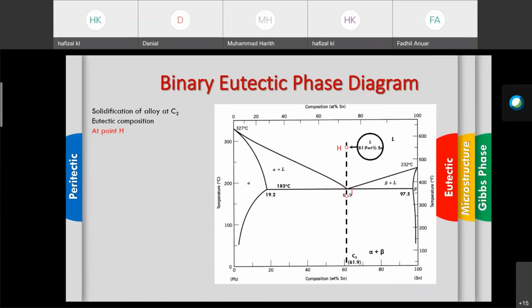This one is called the eutectic line or eutectic composition, which happens at 61.9% of Sn. Let's consider point H. At point H, we already know that this is the liquid area. So at this point we have nothing to draw, something like this.